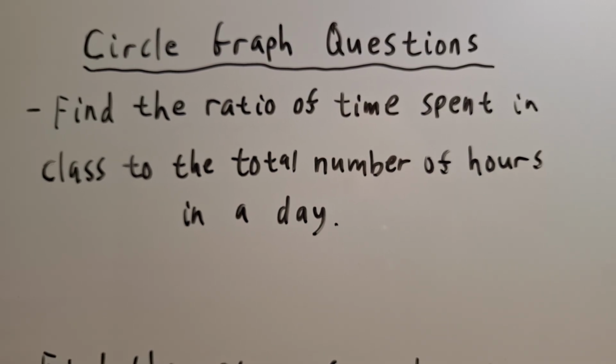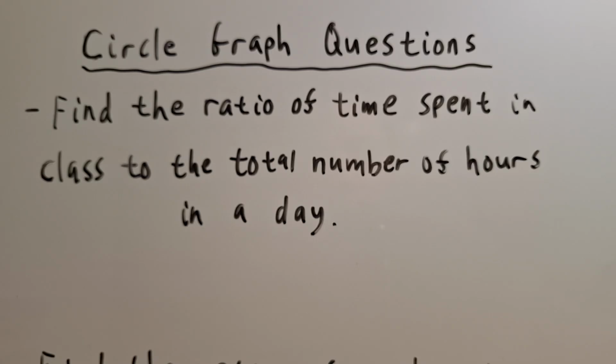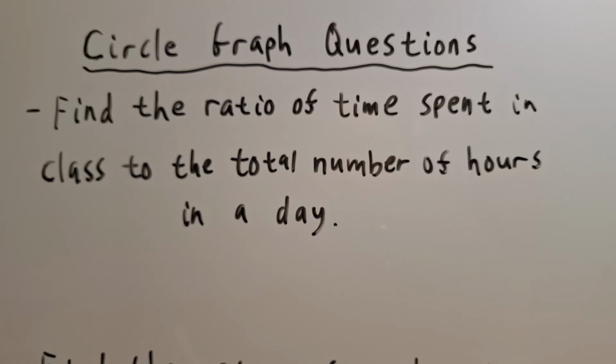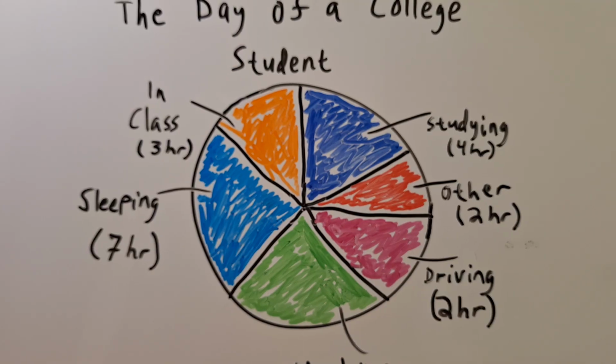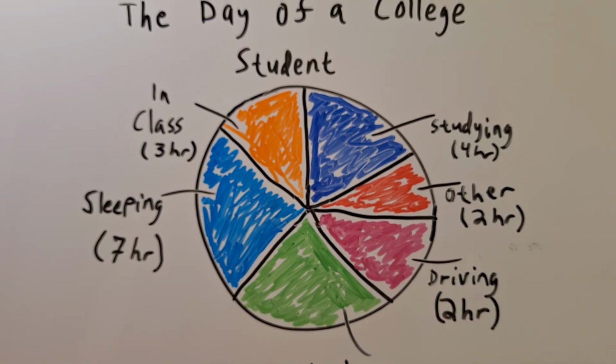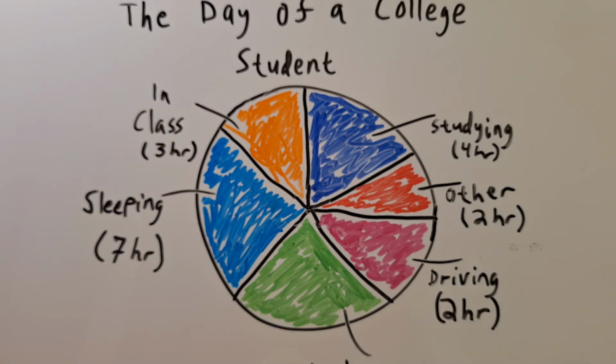The first question says to find the ratio of time spent in class to the total number of hours in a day. Looking back at our circle graph here, we are interested in the time spent in class, which right here represents 3 hours.